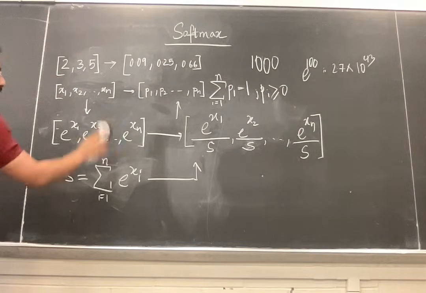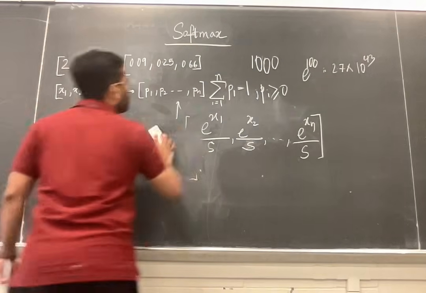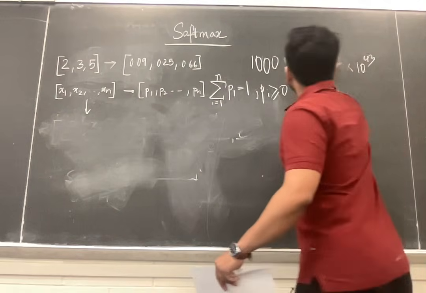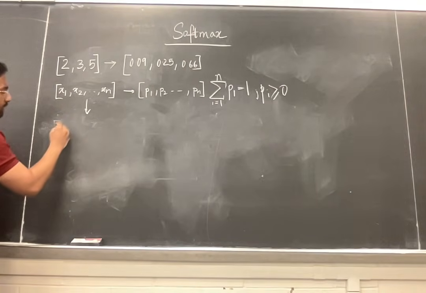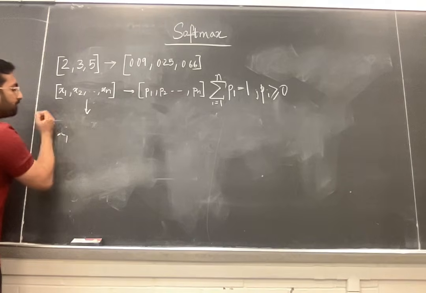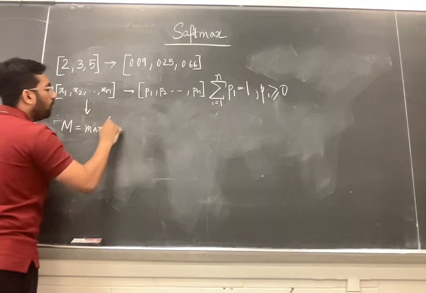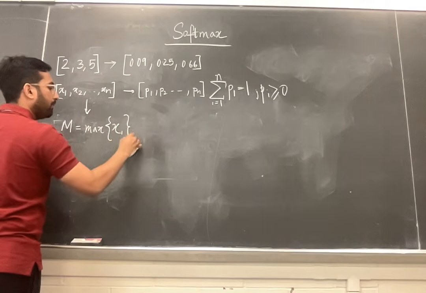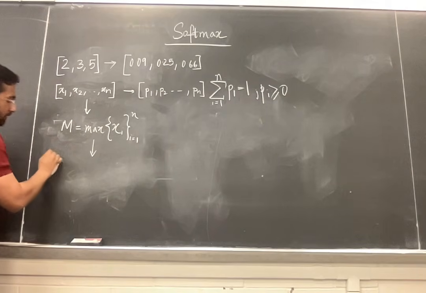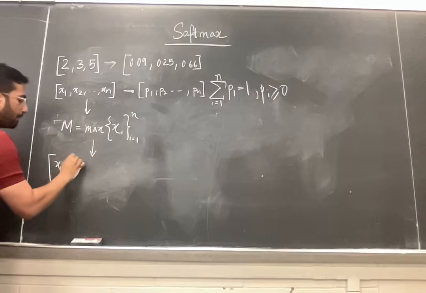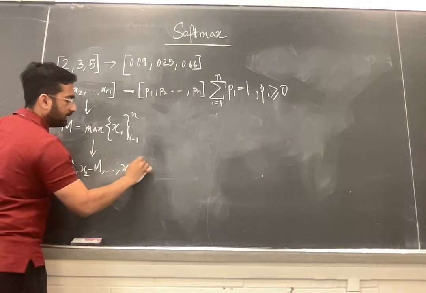We follow the exact same steps, but first we calculate the maximum. M is the maximum over all these xi's. Okay? And then we subtract it. We calculate x1 minus m, x2 minus m, ..., xn minus m.